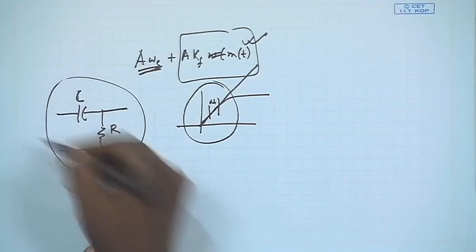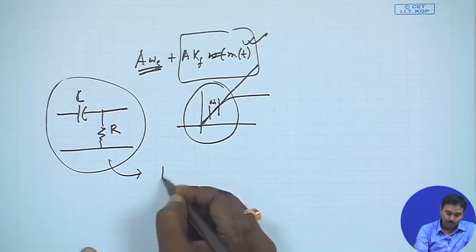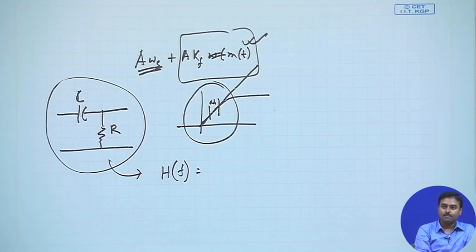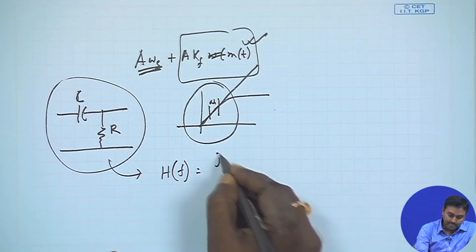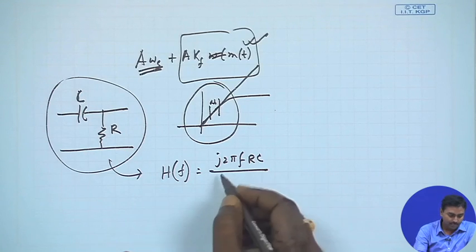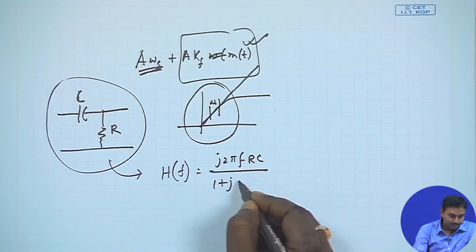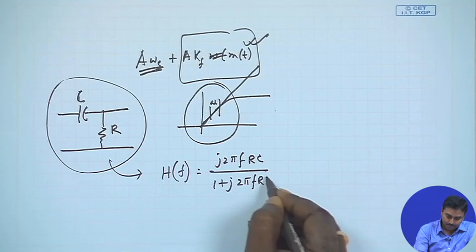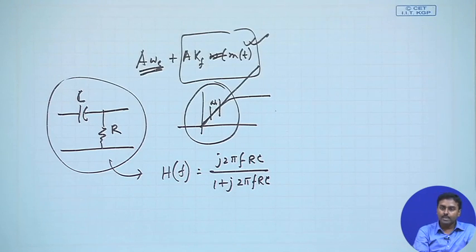So, for this particular ideal filter, let us try to see what the transfer function is. That should be j 2 pi f RC, if you just put it accordingly. So, this is what we get, okay. H f will be just this.